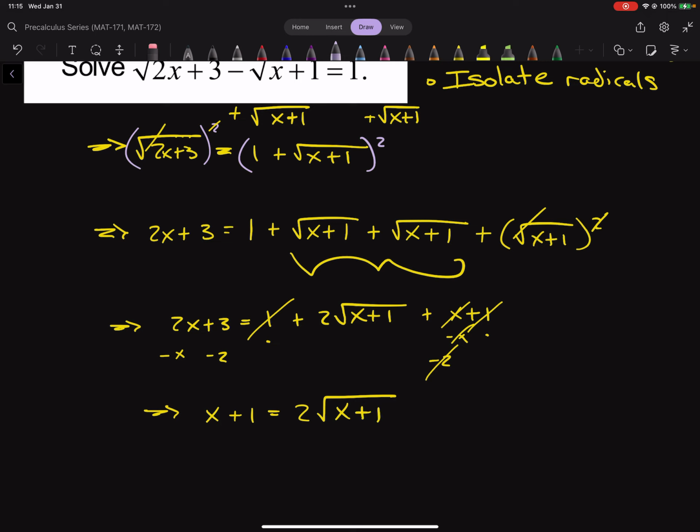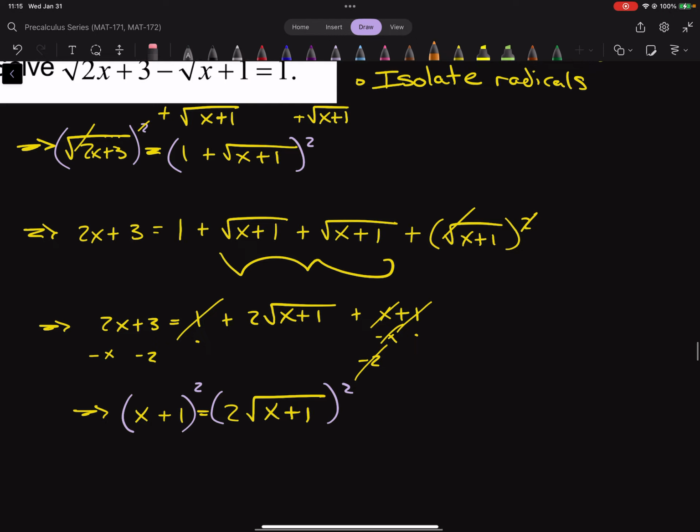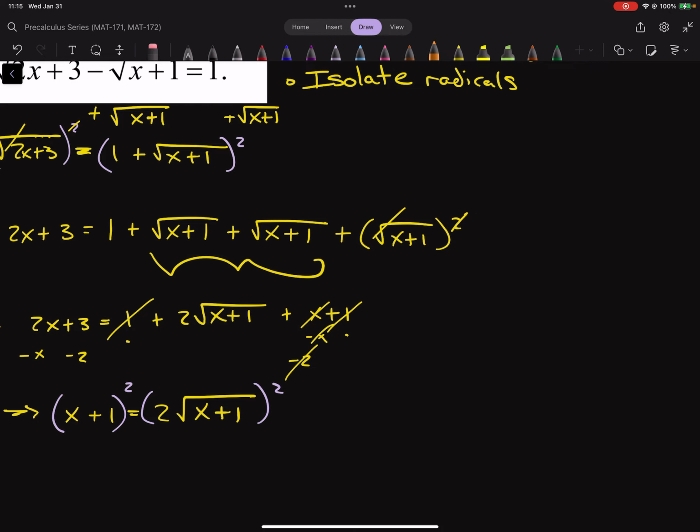Now at this point, we need to use the power property. Now there is an identity that can help you with this because you see you have 2 times the square root of x plus 1. If I have a times b and I square it, that's equal to a squared times b squared.